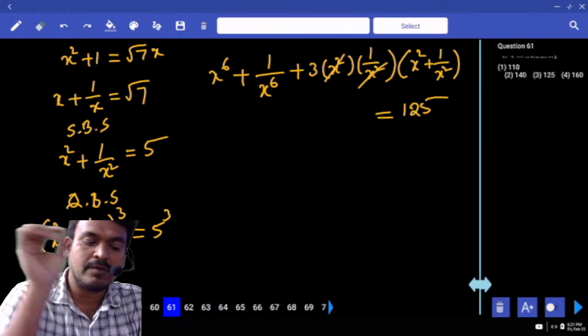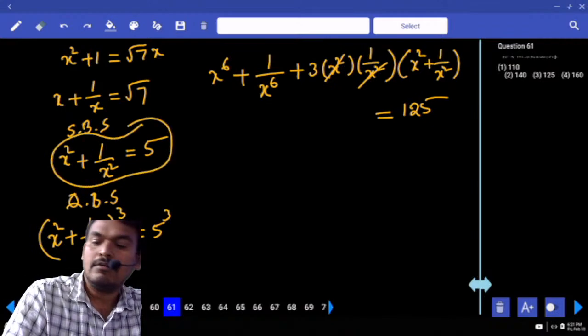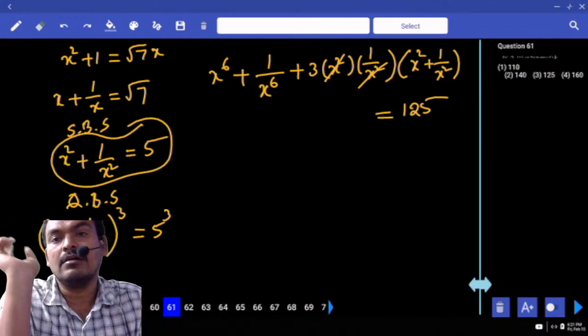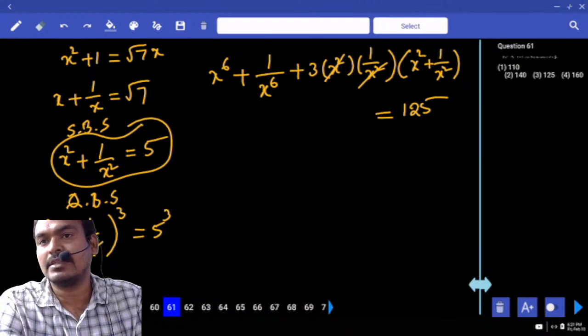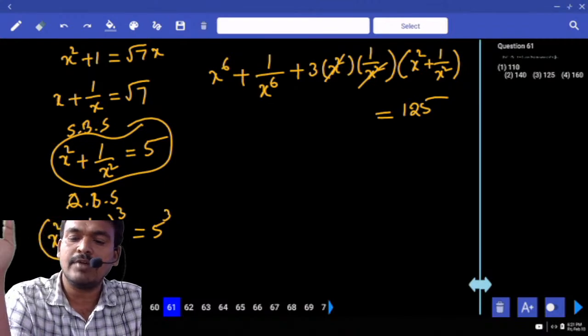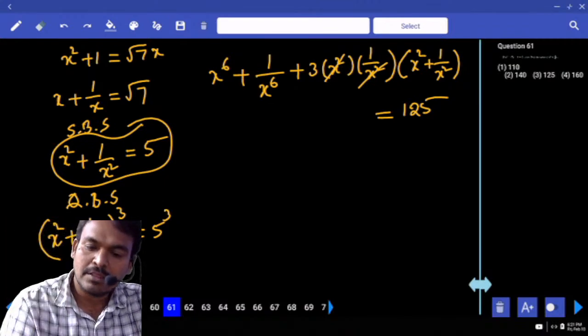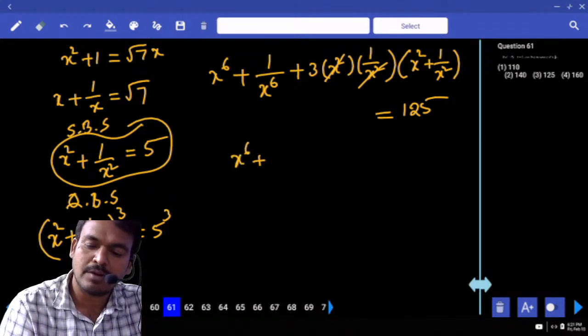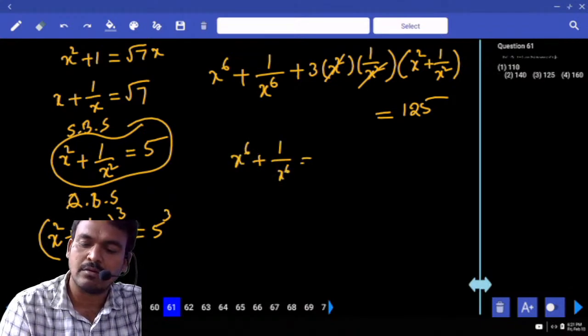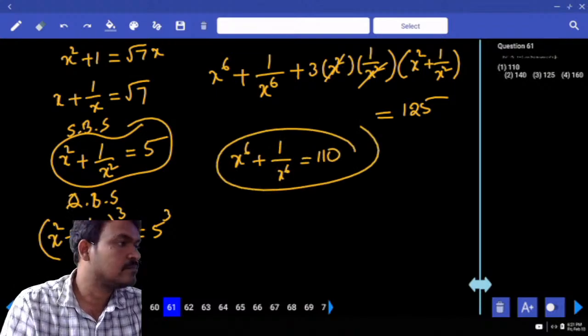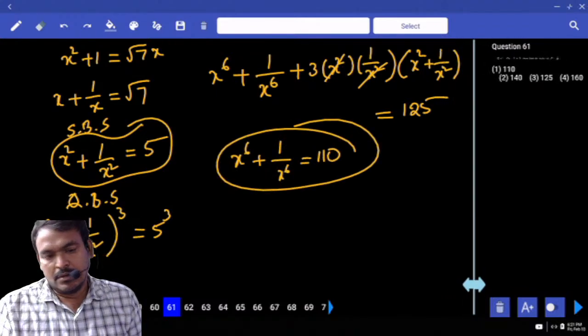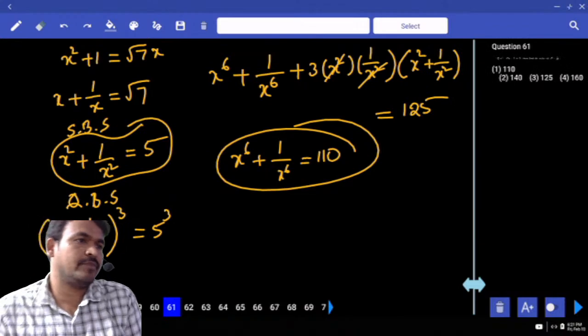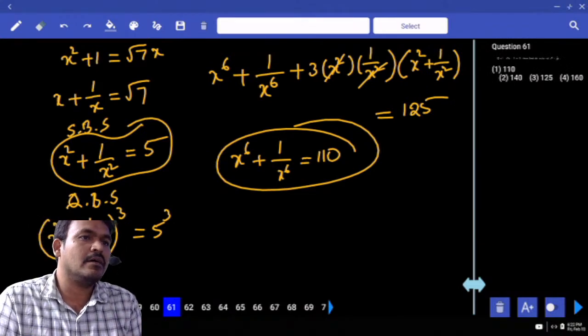And x square plus 1 by x square already we know 5 or not? 3 into 5, 15. It will become right hand side minus 15 or not? 125 minus 15, 110. Then answer x power 6 plus 1 by x power 6 equal to how much value? 110 or not? We required power 6, means first we have to take the square, again cube or not?